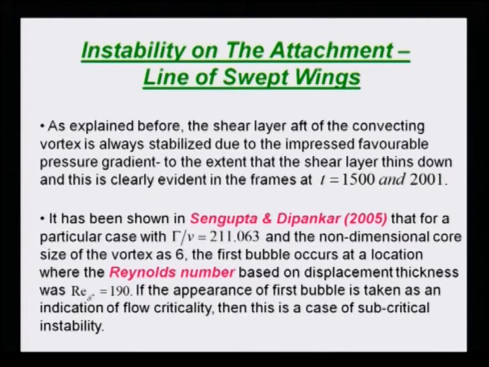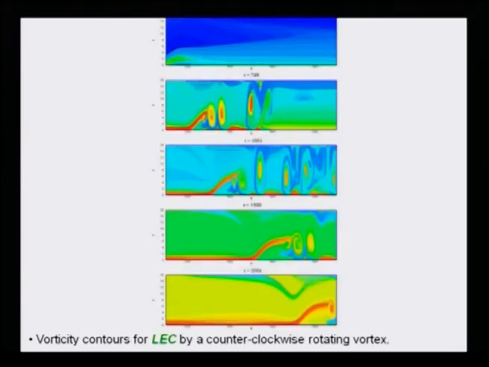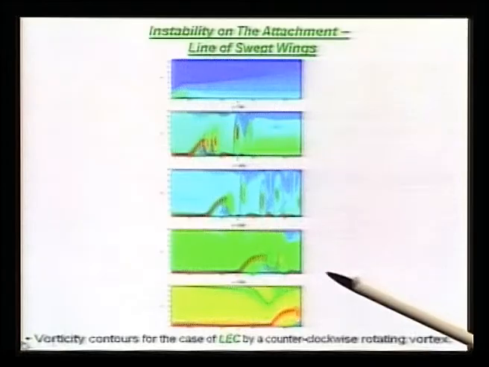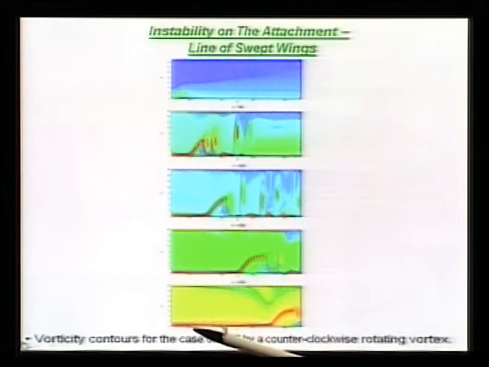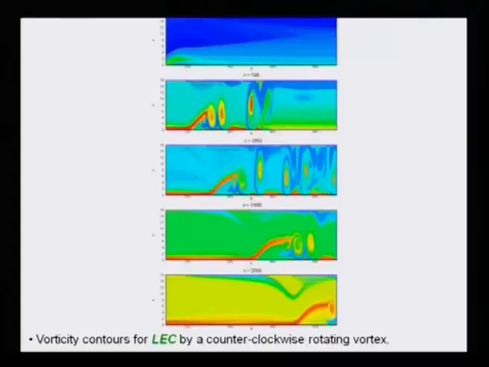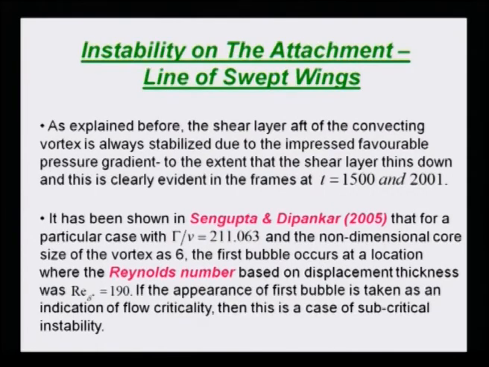If I show it again, you will notice that in these cases you can very clearly see that vortical events are taking place here, but the shear layer is thinning down as you are going down. This side you have a thicker boundary layer, this side you have a thinner boundary layer. So, these are some of the things that show one-to-one correspondence between this equilibrium flow versus the Blasius flow that we have studied. Okay.